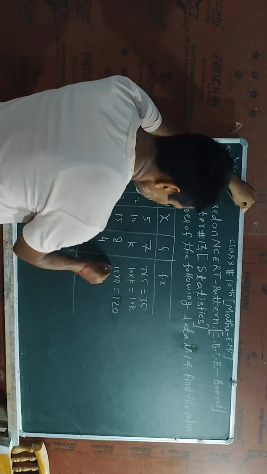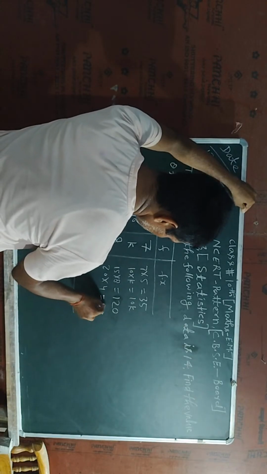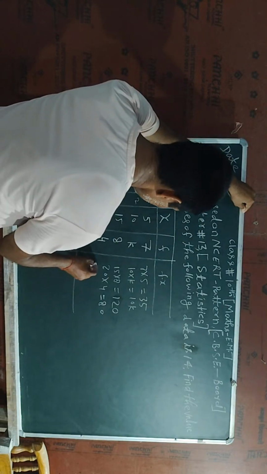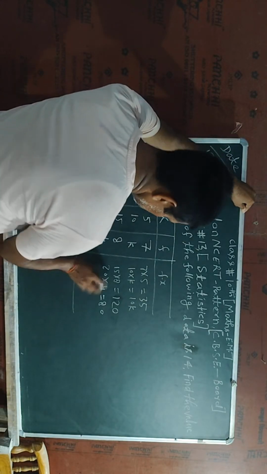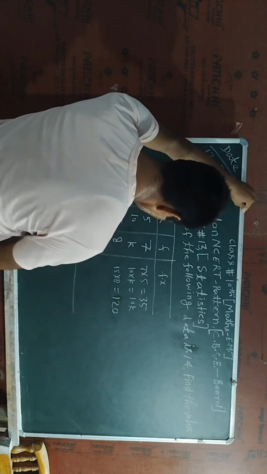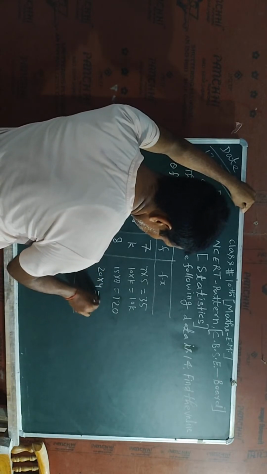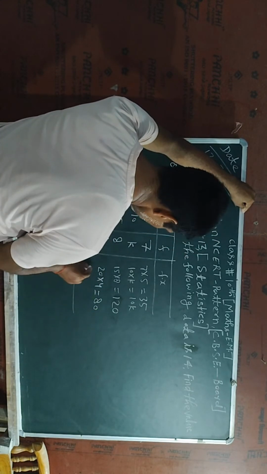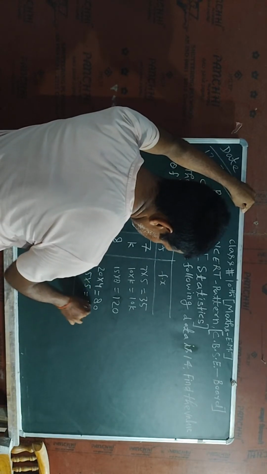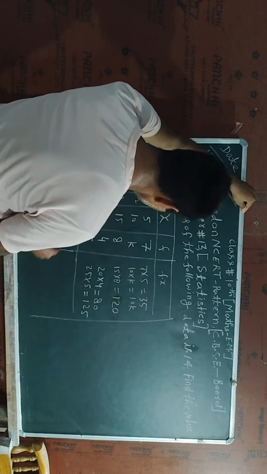Now here 20 into 4 will be 80. Now here 25 into 5 will be 125. So here I have to write its value.